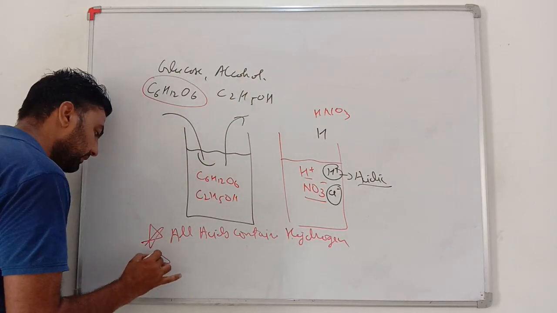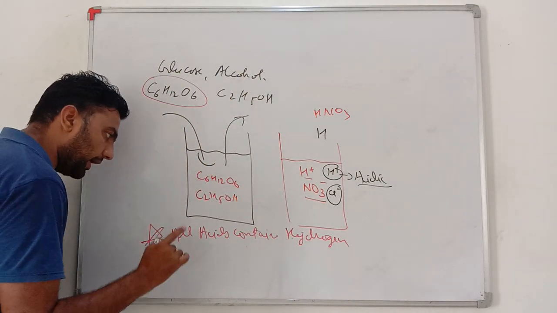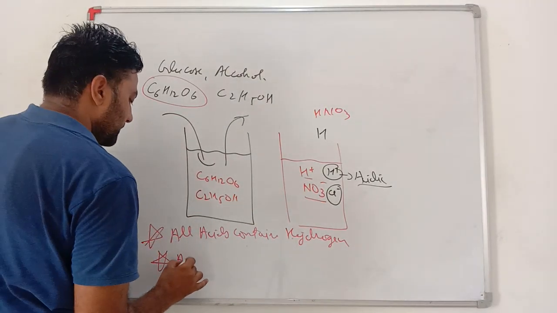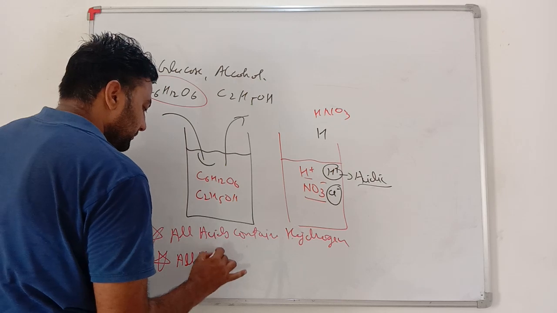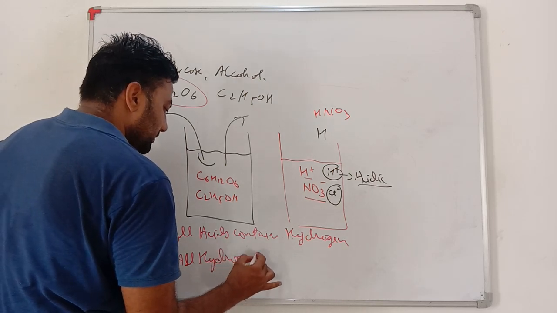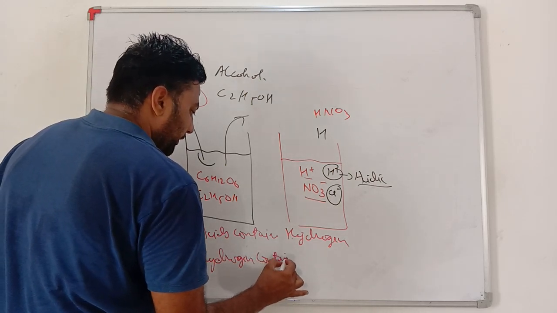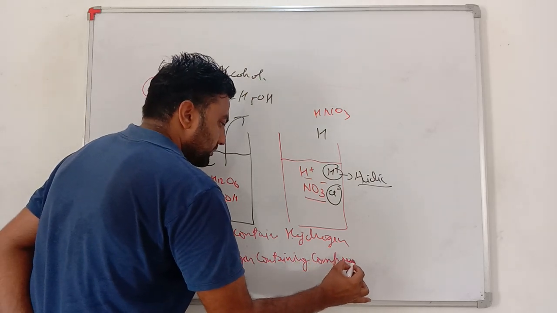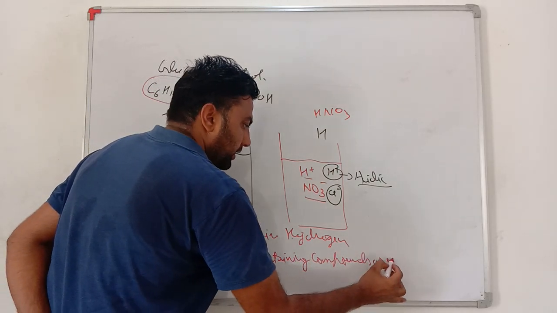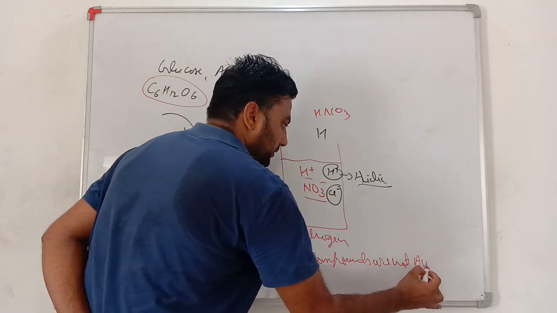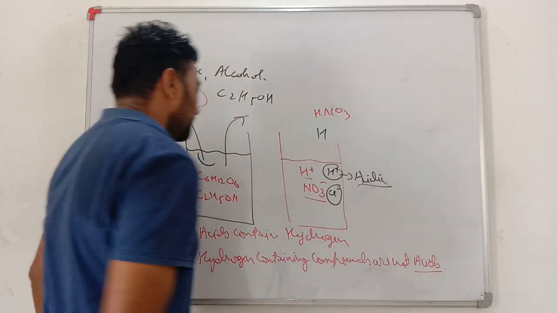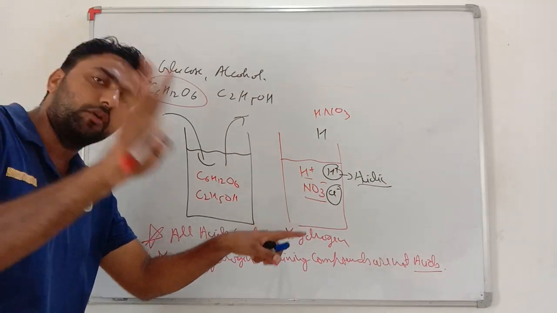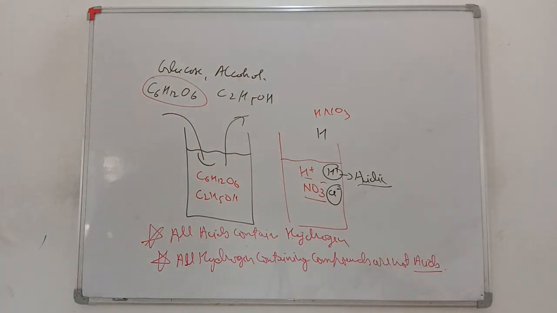But all hydrogen containing compounds are not acids. All acids have hydrogen, but all the material having hydrogen are not acids. You must get to know this.